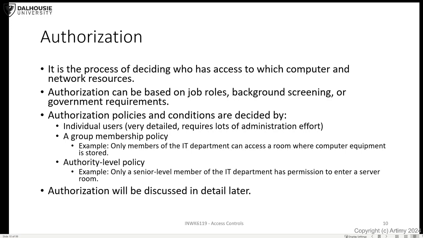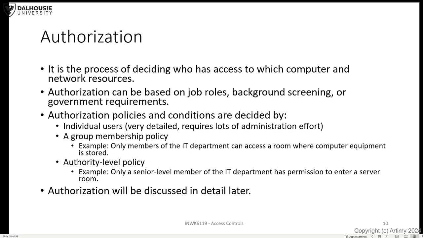In many cases, we cannot just go to each employee of an organization and give them a specific authorization. That's too much work, very detailed, and requires a lot of administration effort. So we may group them into groups. Let's say all the accountants or all the members of the accounting team have similar authorization. So that's a group membership, right? So we determine policies based on groups.